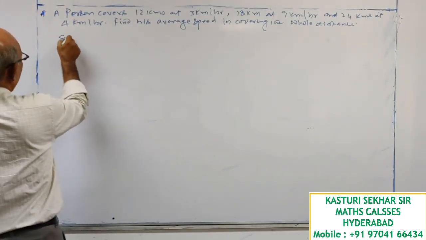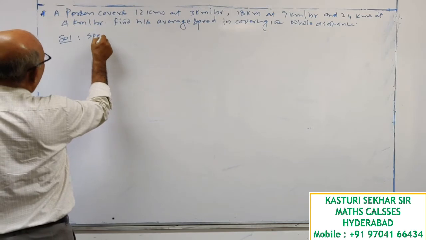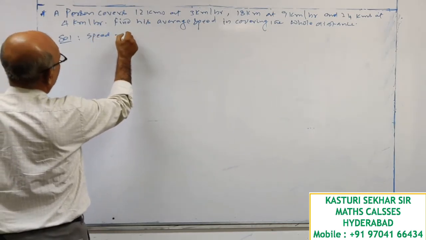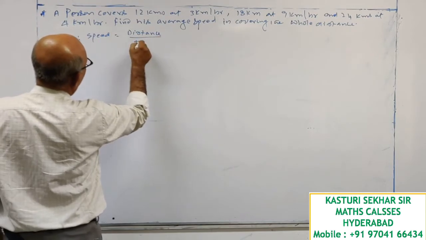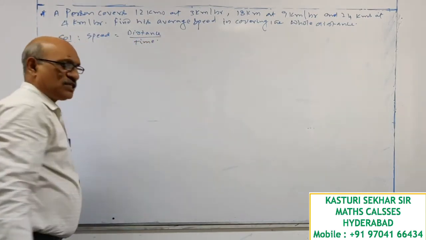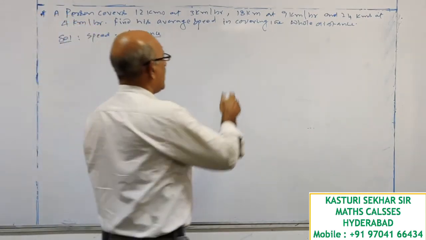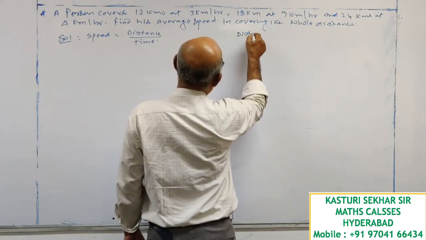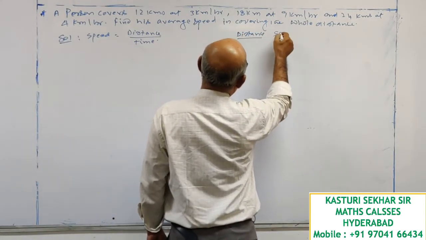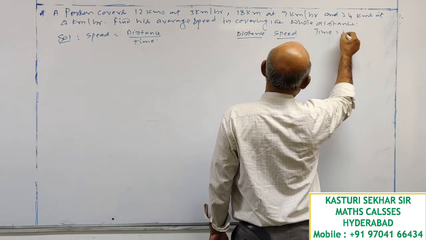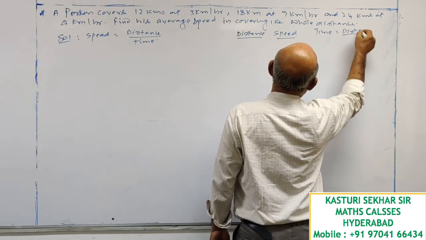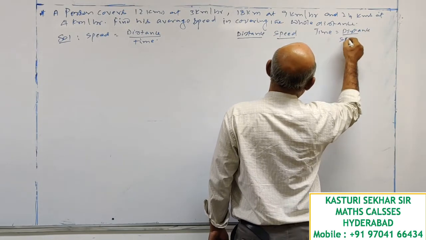Now see the solutions. Speed is equal to distance by time, so you have to calculate time, sir. Distance and speed are given. Time is equal to distance by speed.